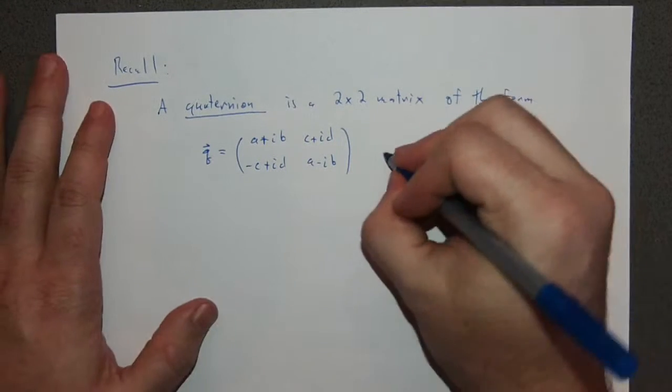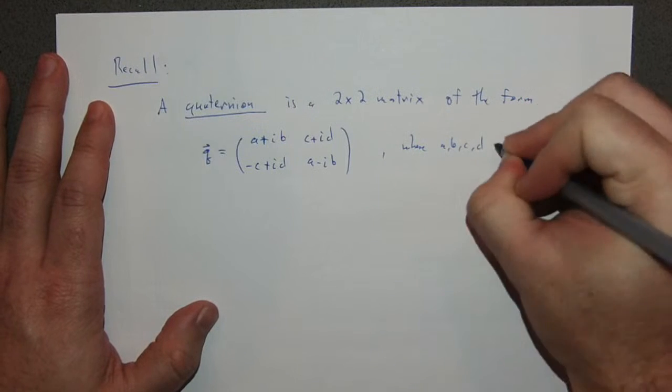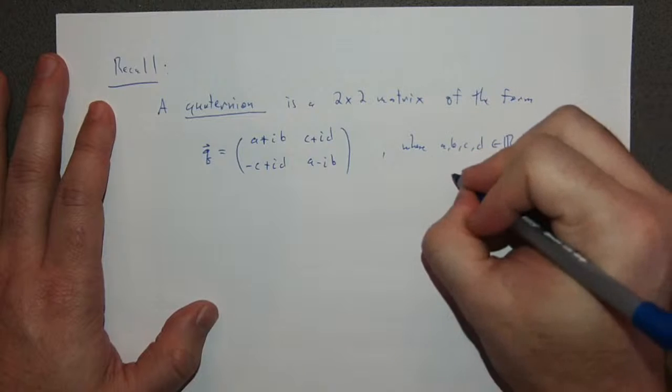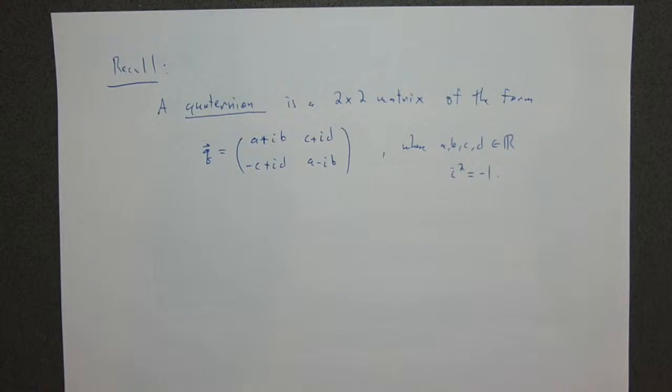Okay, where a, b, c, d are all real numbers, and i is the imaginary unit. So i squared is minus 1, right? So i is the square root of minus 1.